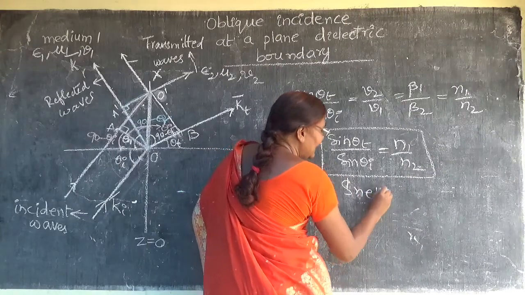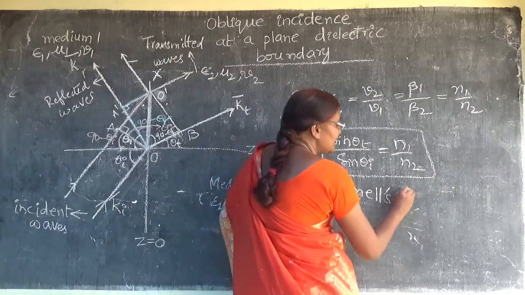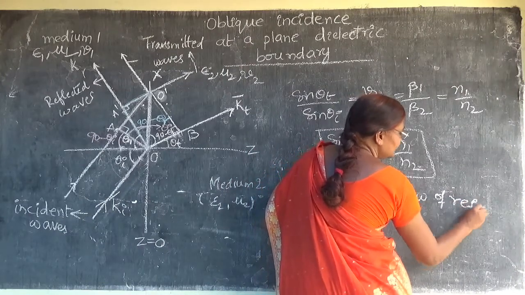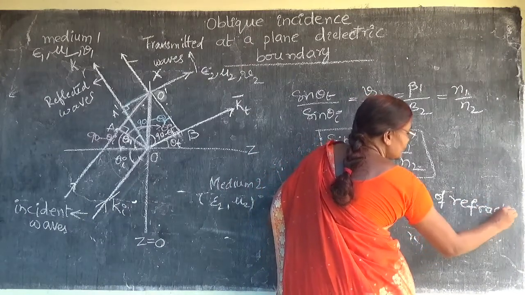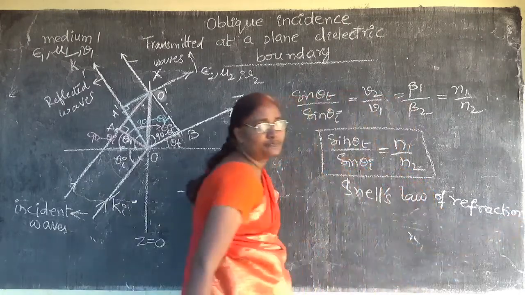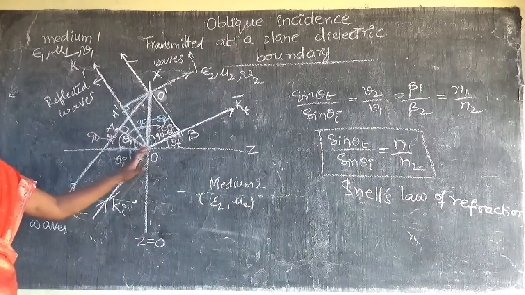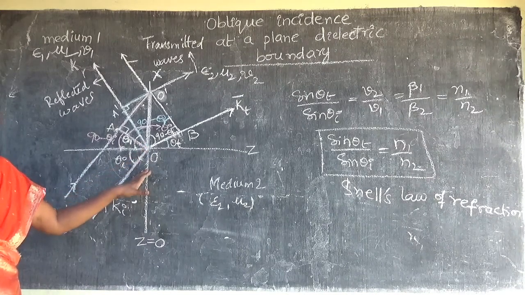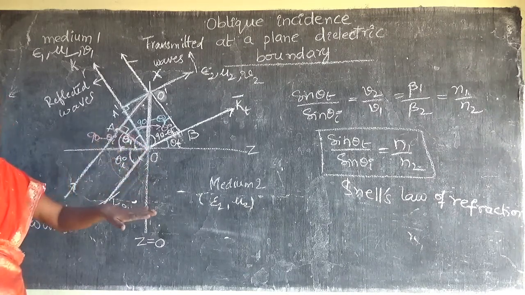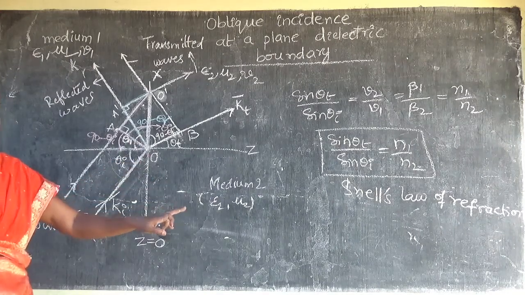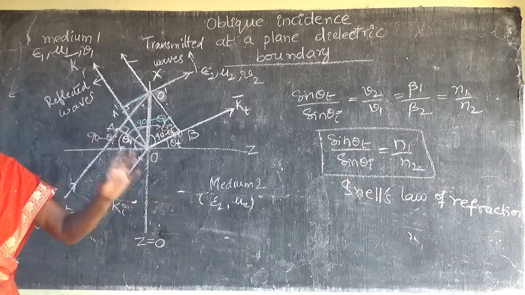Snell ane ayane kanukunnadu, idi kuda Snell's law of refraction. So we got a new law due to the change in boundary. Boundary lo marpu rabatti, andaku mundu Snell's law of reflection annadu vachindi. Now we got a new law which is called Snell's law of refraction.